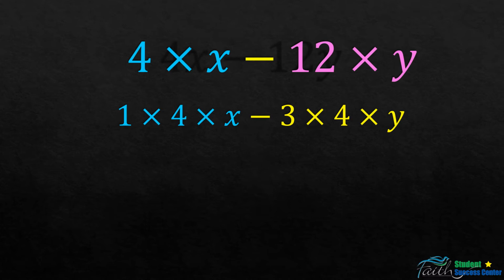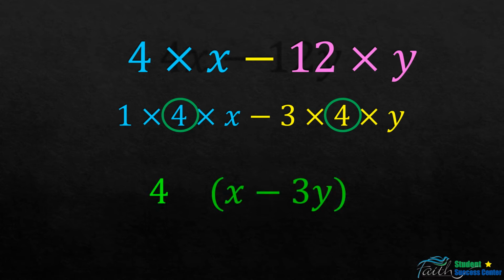Then I'm going to find common factors and place the common factor on the outside, and the remaining factors I'm going to place inside of a bracket. So my common factor is 4, and as you can see there are no other common factors, so I put the remaining factors, what's left.